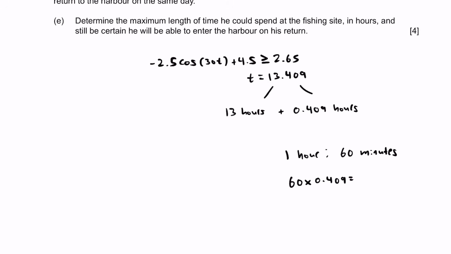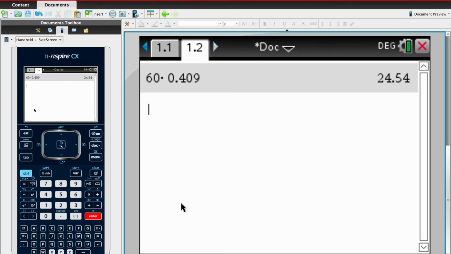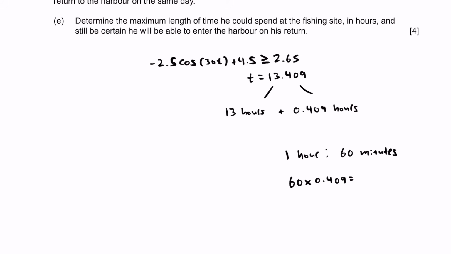Let's go back to the calculator. 60 times 0.409 gives us 24.54, or rounding to the nearest minute, 25 minutes. So going back to the document, this is 24.54, or 25 minutes.